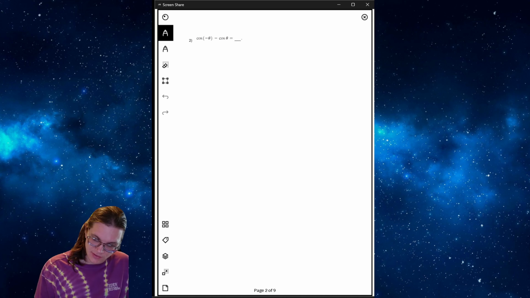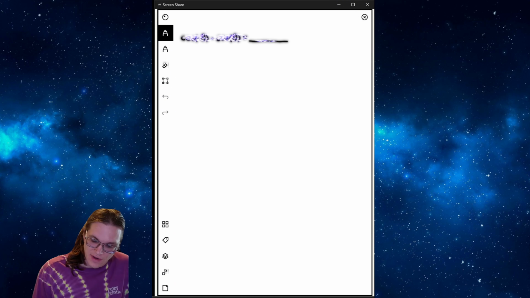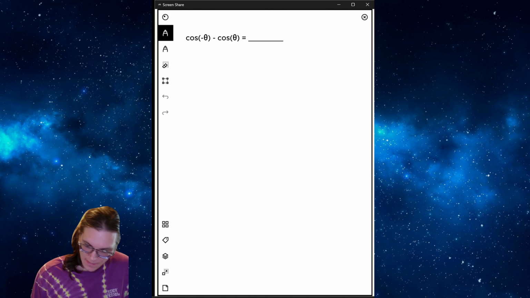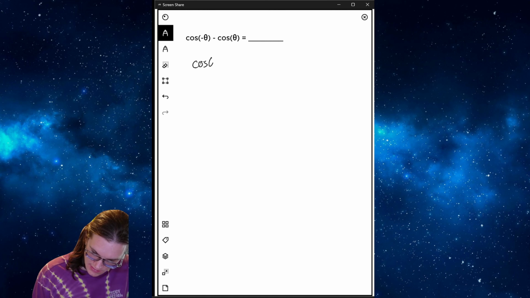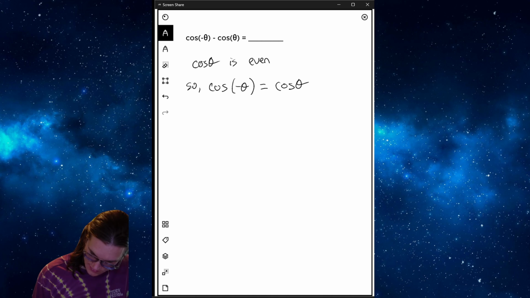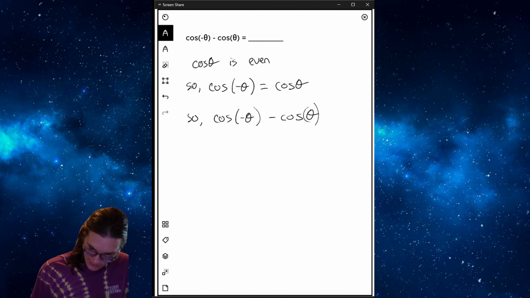All right, number 2 says cosine of negative theta minus cosine of theta equals what? Okay, cosine is even, okay? So cosine of negative theta equals cosine of theta. So the problem we're given, cosine of negative theta minus cosine of theta, I'm going to say equals 0.